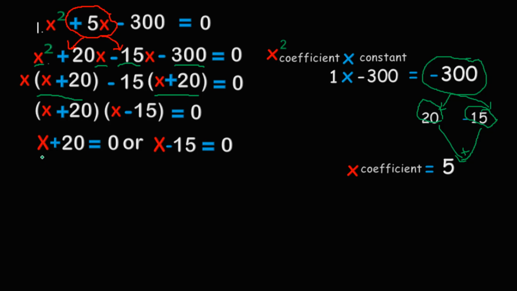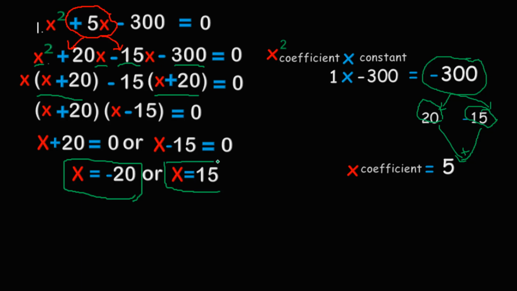Now if we simplify these two, we get x = -20 or x = 15. And here we get the solutions of this quadratic equation as one is -20 and the other is +15.